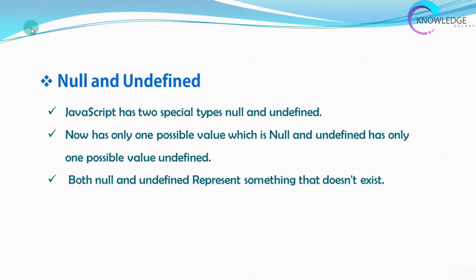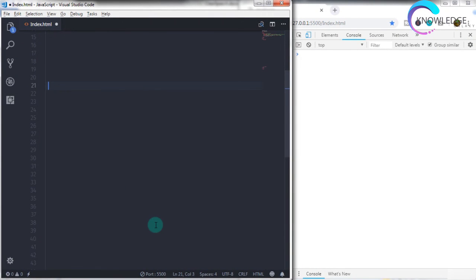So let's take an example. First we'll create let myValue and close this statement using semicolon. If you print this statement, you will get undefined because it is a default value. Then we'll edit the statement and specify let myValue is equal to null.